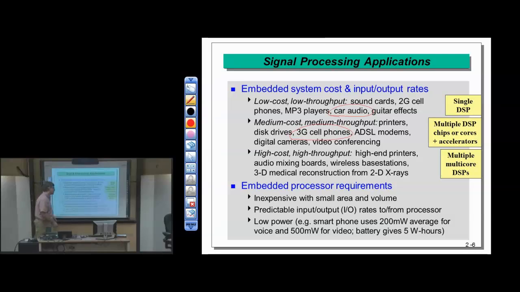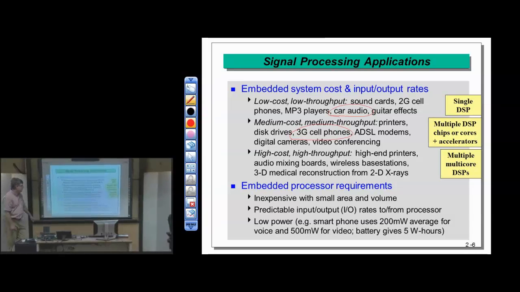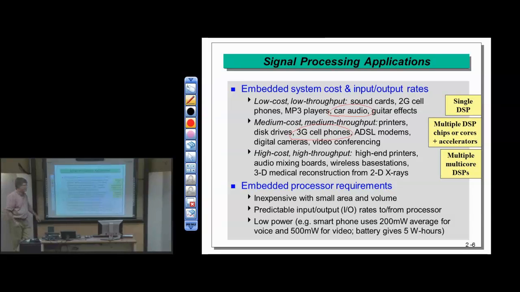And then finally, the really high end in terms of cost and power consumption, which would be high cost, high throughput. Now we're into medical, big medical instruments, X-rays, tomography systems, and so forth, multi-channel audio mixing boards. So there's a whole range of where these things might be used, and cost, and physical size.